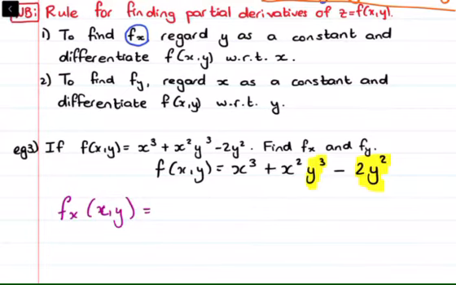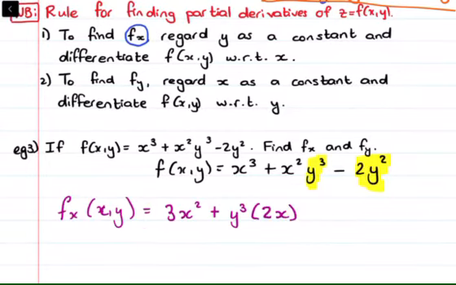What is the derivative of x cubed? It is 3x squared plus, remember that y cubed, I treat it as a number, so I write it there as it is. And then I find the derivative with respect to x of x squared, which is 2x.